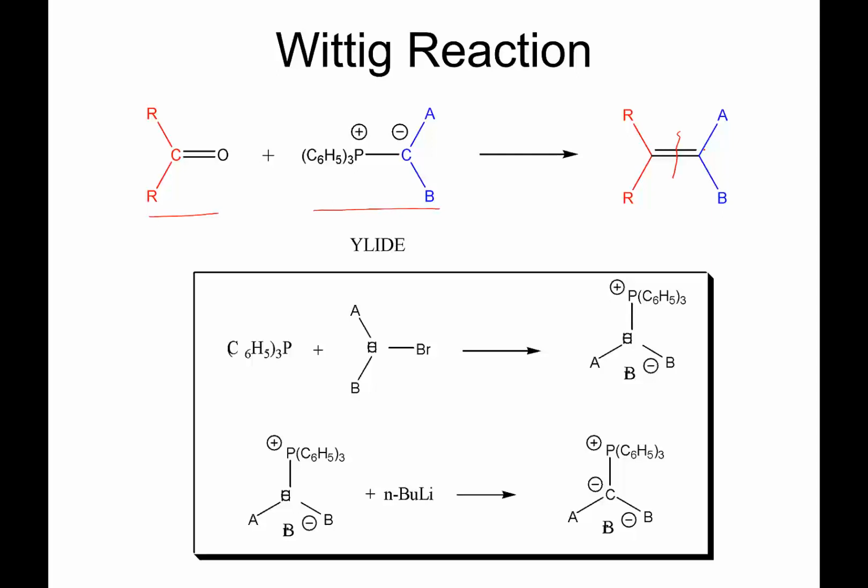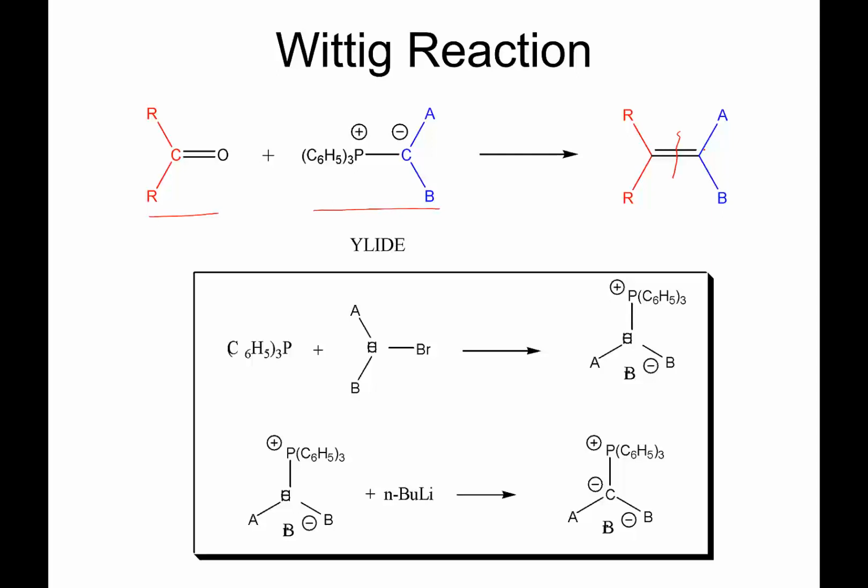So the overall approach here is kind of like what we talked about with Heck coupling or Suzuki coupling or Gilman reagents. I'm going to create the two parts and I'm going to attach them together. And not only am I forming a carbon-carbon bond, I'm forming a carbon-carbon double bond.